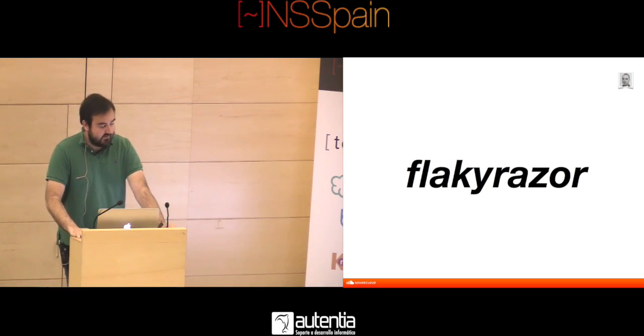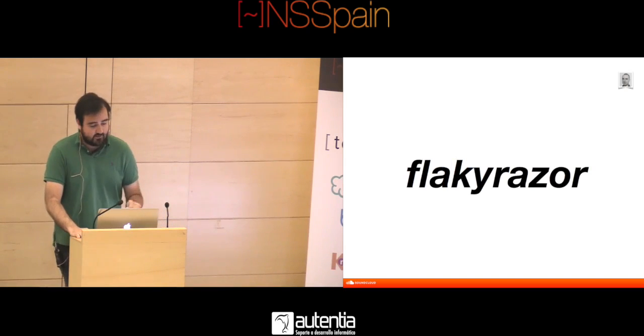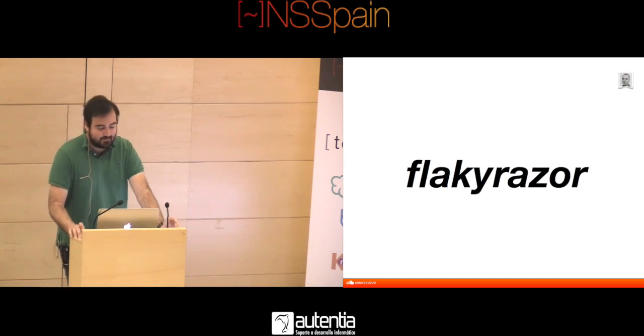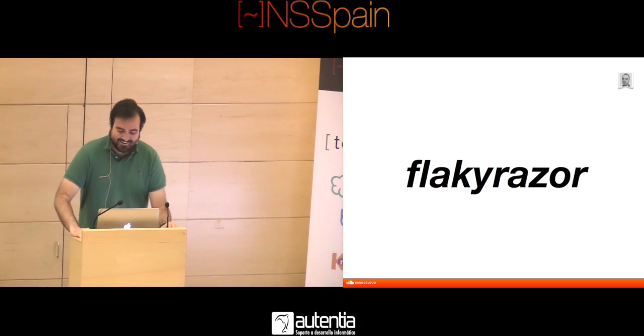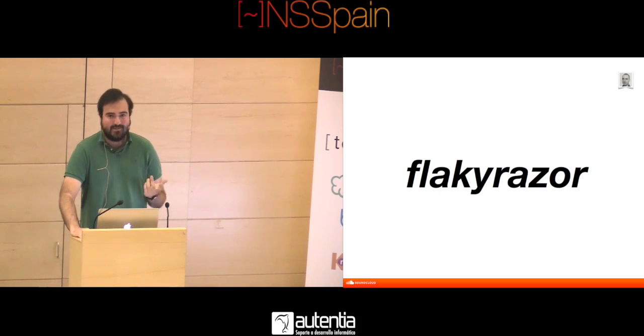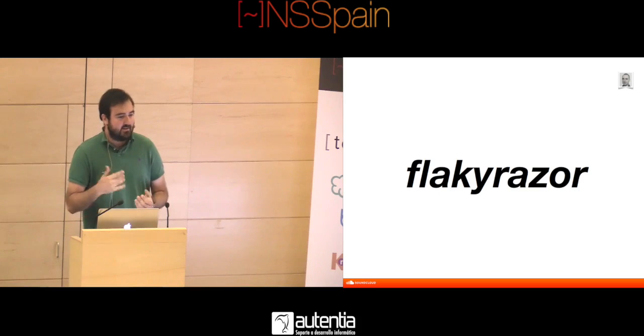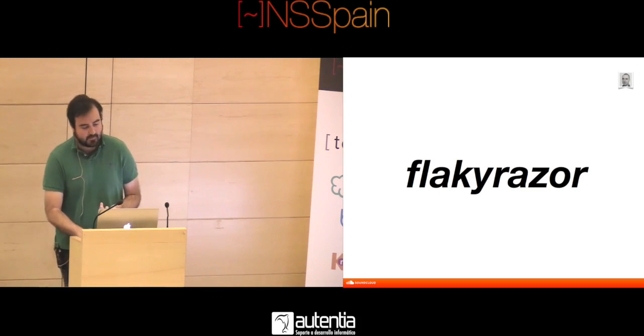But we're currently working on this tool called the Flaky Razor, and it's also inspired by what Facebook's doing. All this process of identifying why the test failed, isolating it and trying to fix it, right now it's manual, but we want to automate this.